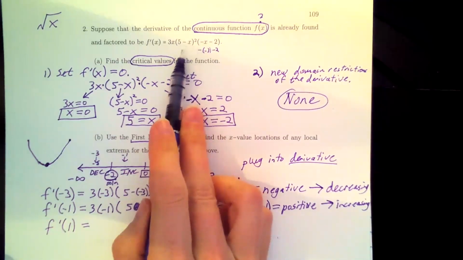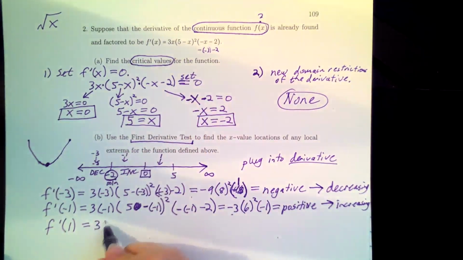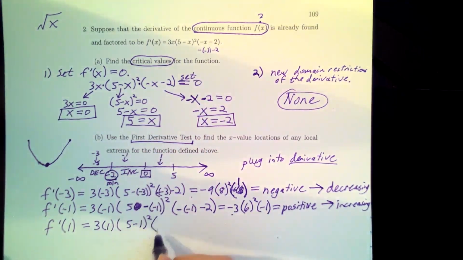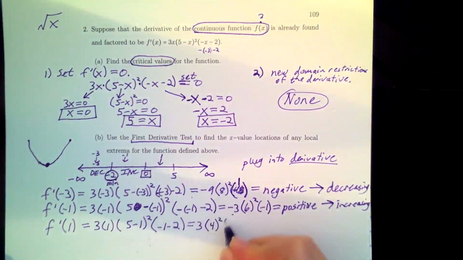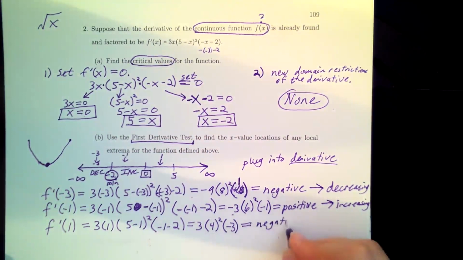Take that test number and plug it into the derivative. That's the derivative function up there. 3 times 1, 5 minus 1 squared, -1 minus 2. So you end up with 3 times 4 squared times -3. You can punch this out to verify, but ultimately you will have some type of negative number.